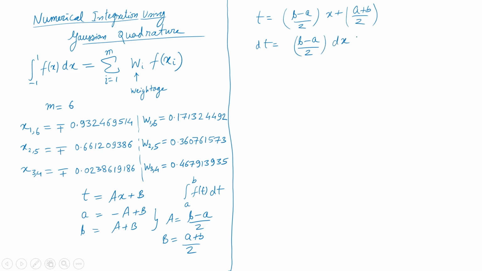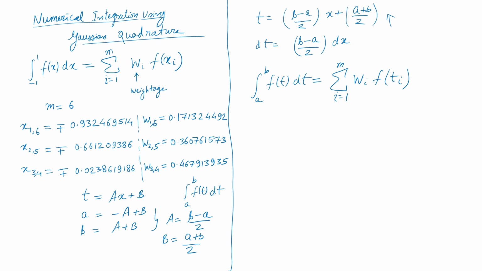With all this information I can now easily write my integral from a to b of f of t dt equals sigma i equals 1 to m, weight does not change, it remains the same, and now instead of f of x I do f of t_i, where t_i will be found using this formula, using the same values of x.